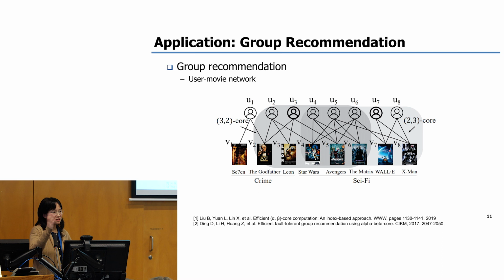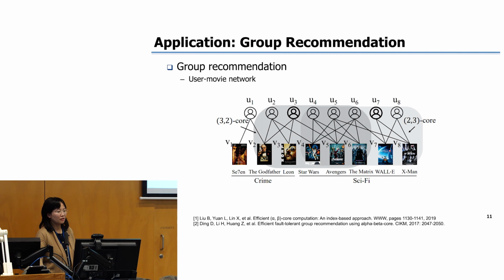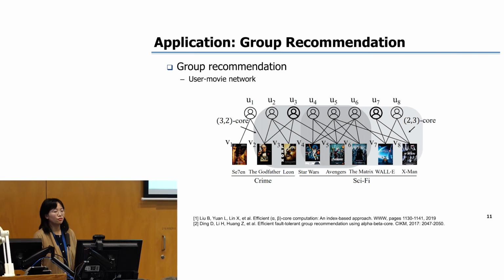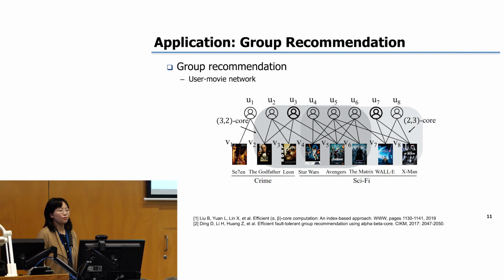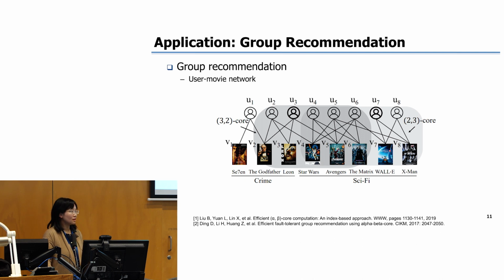If we identify certain types of subgraph in this network, for instance a dense subgraph like U4, U5, U6 and V5, V6, V7, this is very densely connected, meaning these users share similar interests in movies, right?